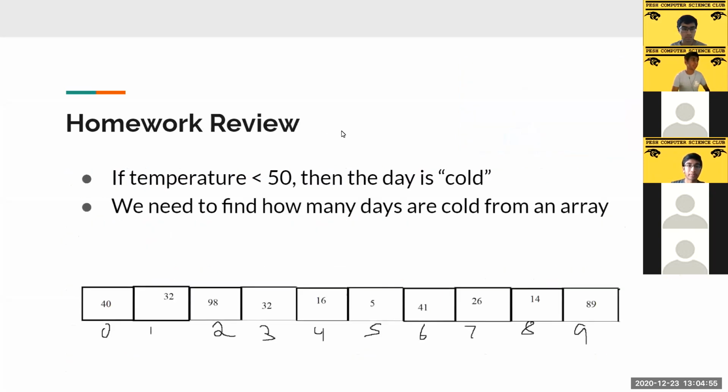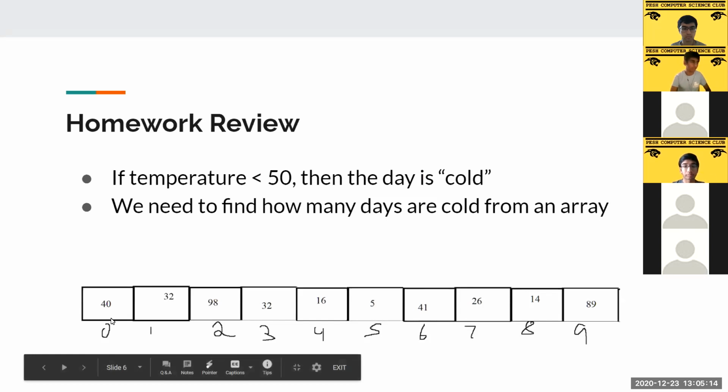When you get a problem in programming, it's always best to just write out an example and go through it, and I'll demonstrate what that would look like right here. In this example I drew out below, I have 10 different temperatures: 40, 32, 98, and so on.